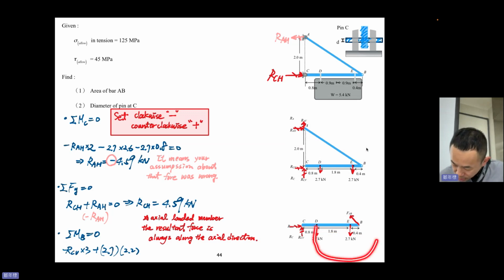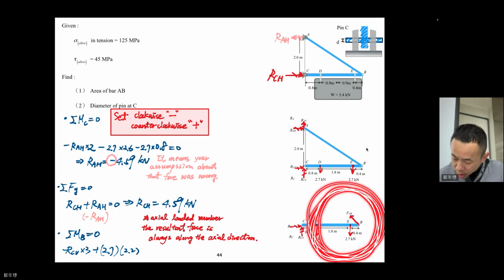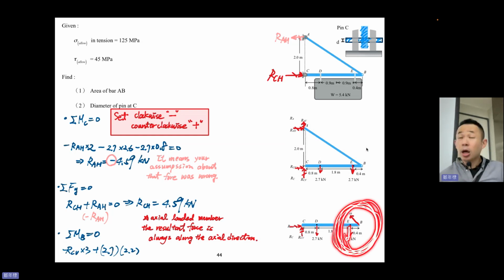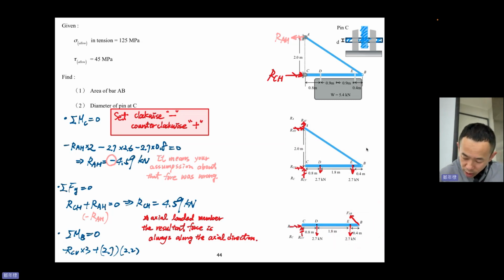And this one rotates about B counterclockwise, so it's plus. And another, this one, 2.7 times 0.4, rotates about B counterclockwise. So again, another plus, 2.7 times 0.4, equal to 0.